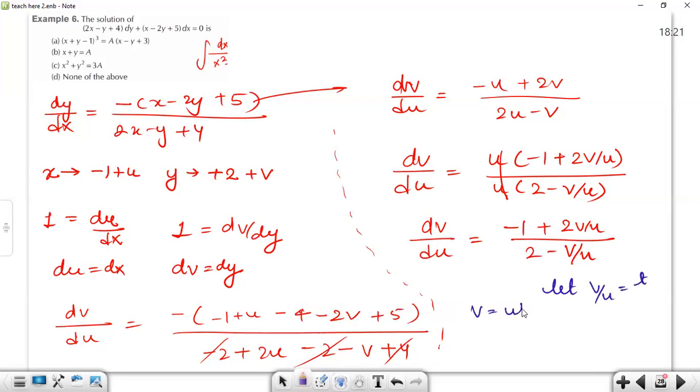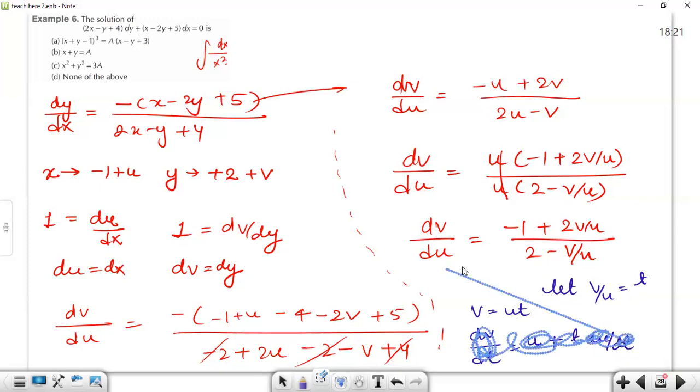Now v will be ut. Differentiating both sides with respect to t, dv over dt becomes u into dt over dt, plus t as it is and du over dt. Now we have to find dv over du, so let's differentiate with respect to u.